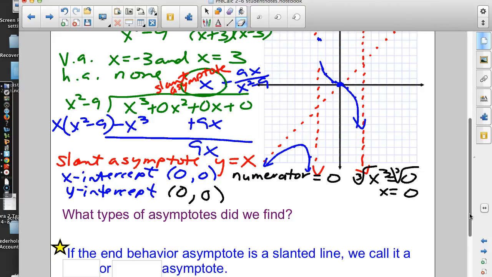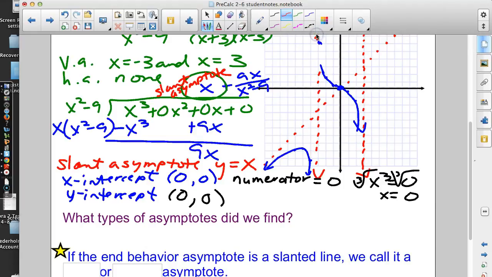Smartboard's not oriented, so it looked like it crossed there. And then a little bit for the other branch.